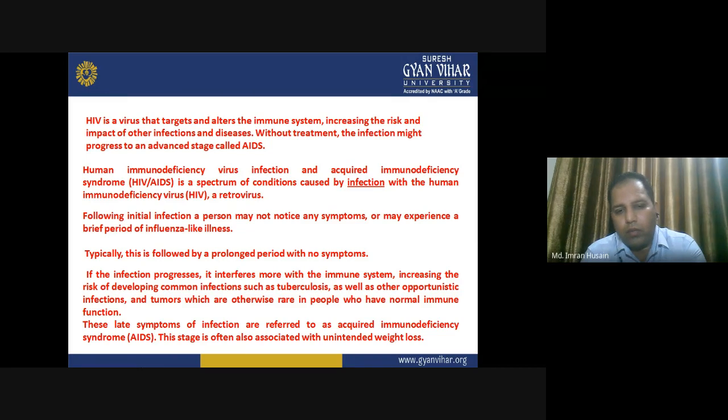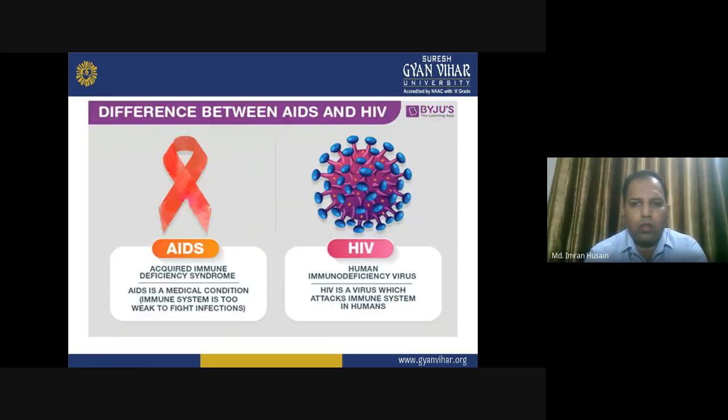These late symptoms of infection are referred to as acquired immunodeficiency syndrome, or AIDS. This stage is often associated with unintended weight loss without any reason or illness.